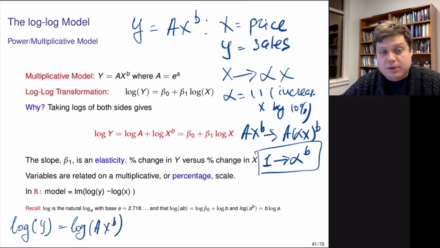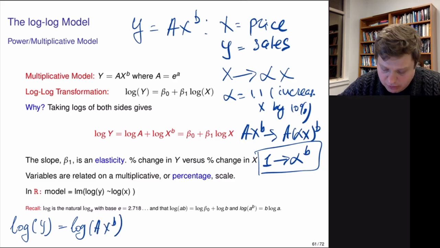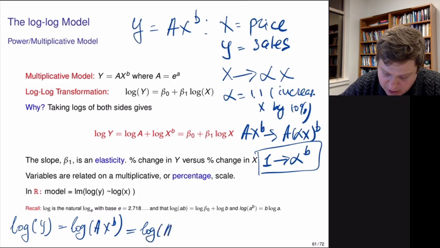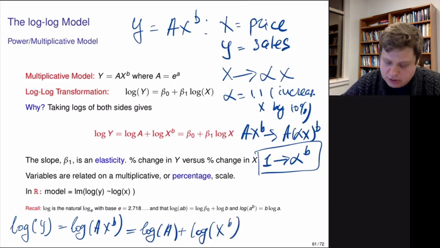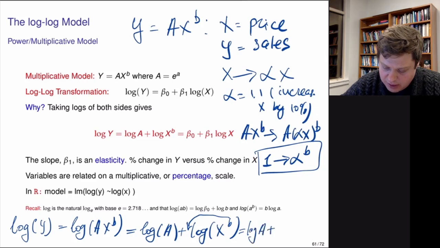We use the property that the log of a product is the sum of the logarithms, so it's equal to the logarithm of a plus the logarithm of x to the power b. We also use another property of the log: if you have something raised to a power inside the log, then this power can come in front of the logarithm. So it's equal to log of a plus b log of x.